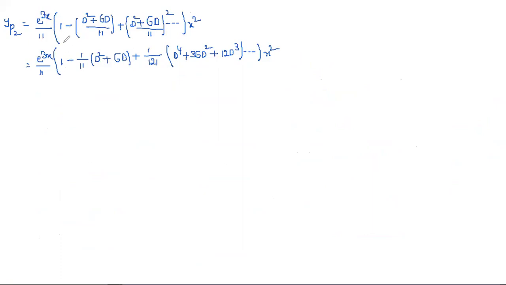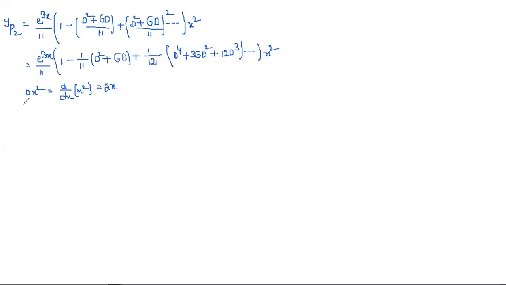For simplification, I wrote 1 minus 1 by 11 into this one and this one. Now, which terms can we eliminate? Because d by dx of x square is nothing but 2x.